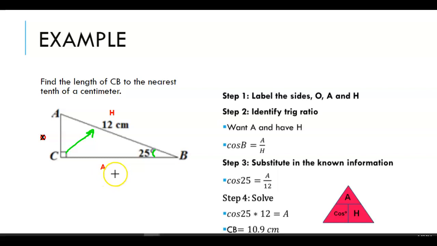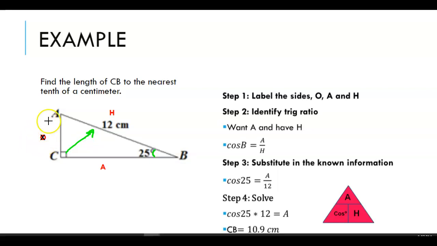Okay. Now that we labeled the triangle, we have to go back and see what we are required to find. We are required to find the adjacent, so we want to solve for A, and we have the hypotenuse and the angle. We have no information for the opposite, and we're not required to solve for the opposite.